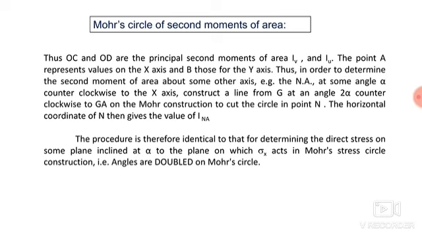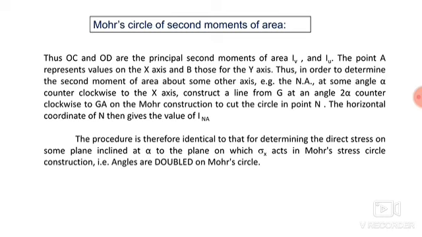Thus, in order to determine the second moment of area about some other axis, for example the neutral axis at some angle alpha counterclockwise to the x-axis, construct a line from G at an angle twice alpha counterclockwise to GA on the Mohr construction to cut the circle at point N. The horizontal coordinate of N then gives the value of I through the neutral axis.